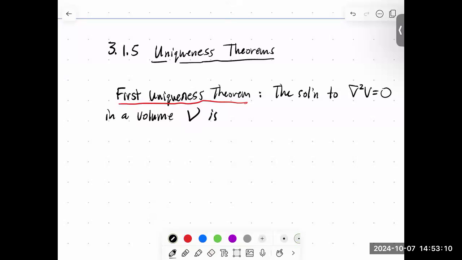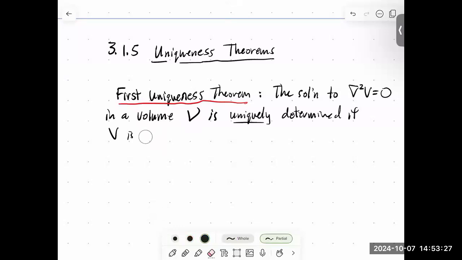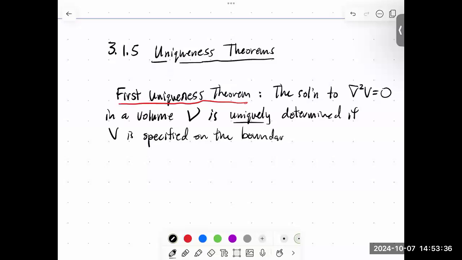So the solution to Laplace's equation in volume V is uniquely determined if V is specified on the boundary of the surrounding surface S. All right.